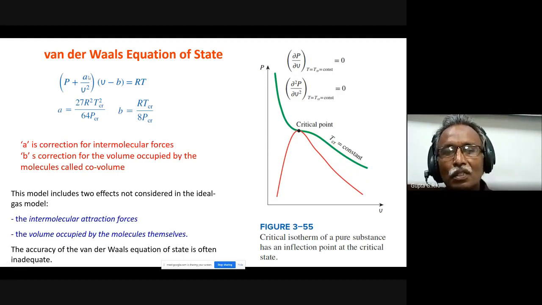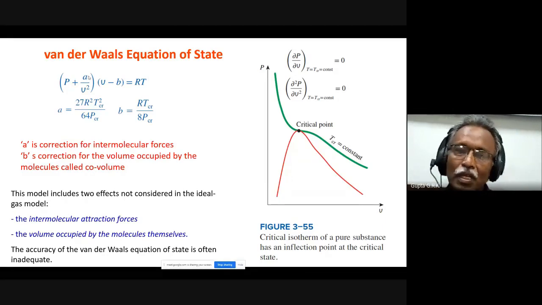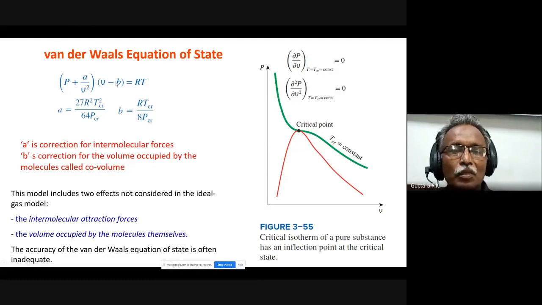Similarly, for the specific volume, some of the volume is occupied by the molecules themselves. When they are close, the space occupied by the molecules is also a considerable thing. So small b represents the volume occupied by the molecules. This is called co-volume. Okay, this is the way it is modified.